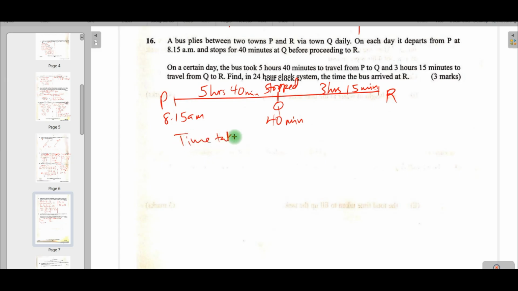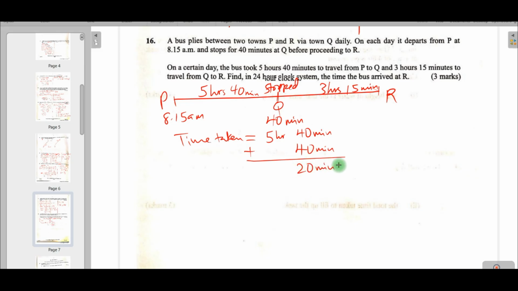So time taken from P to Q, it took 5 hours 40 minutes. Then it is stopped for 40 minutes, so we add 40 minutes. So 40 plus 40, that is 80 minutes. So that's 1 hour 20 minutes.